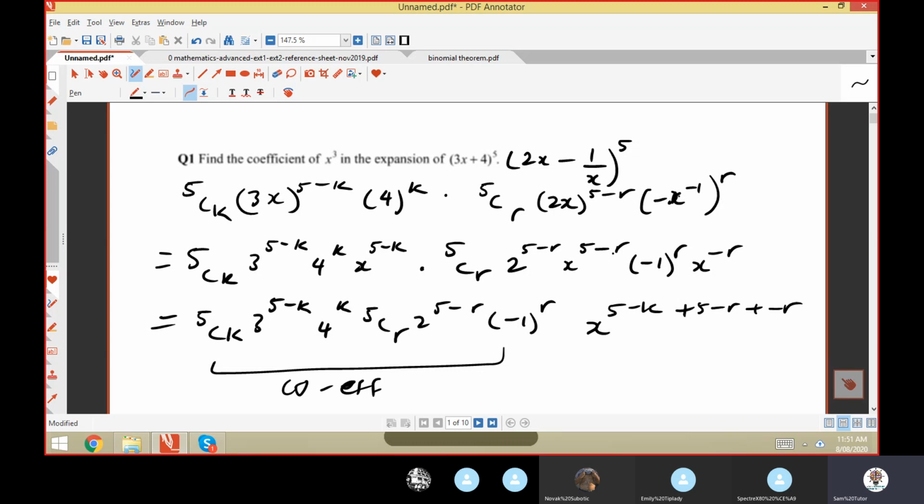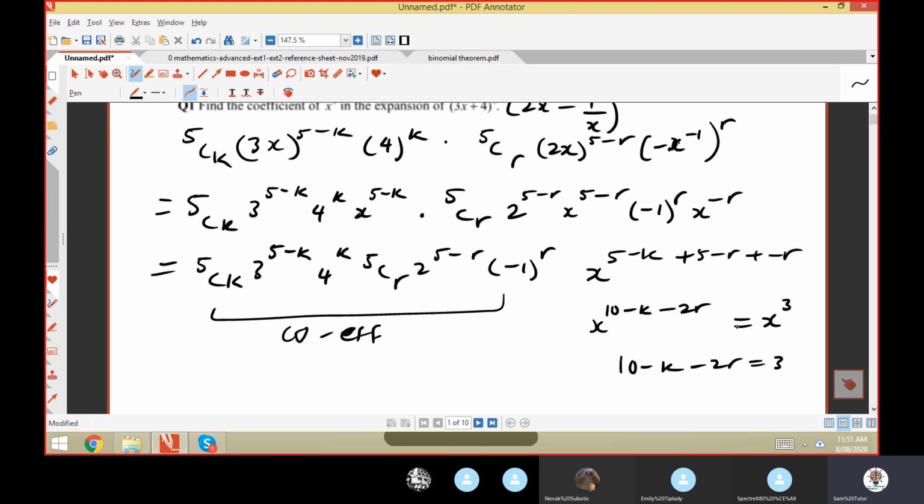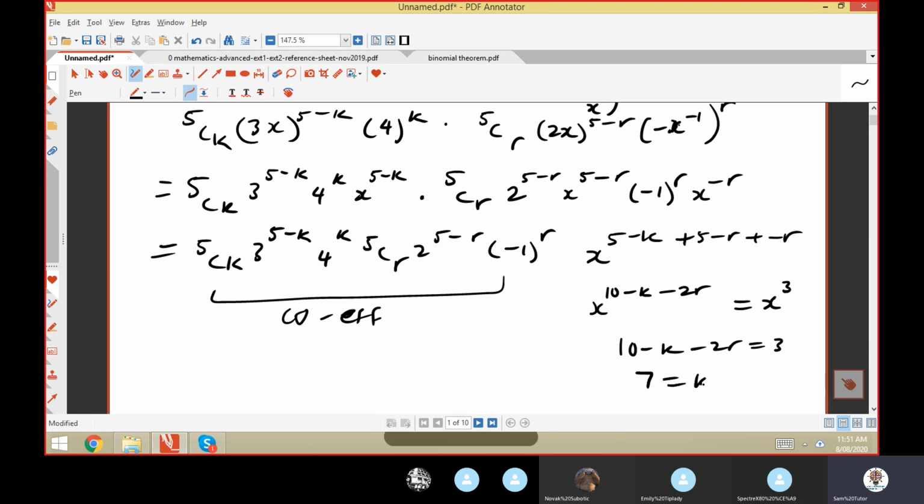So you add your indices. 5 plus 5 is 10, 10 take away k, take away 2r, equals x cubed. And of course, because I made this question up, it doesn't work very nicely, but who cares? 7 equals k plus 2r.